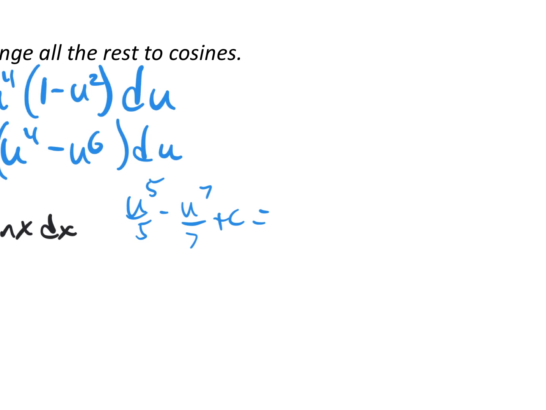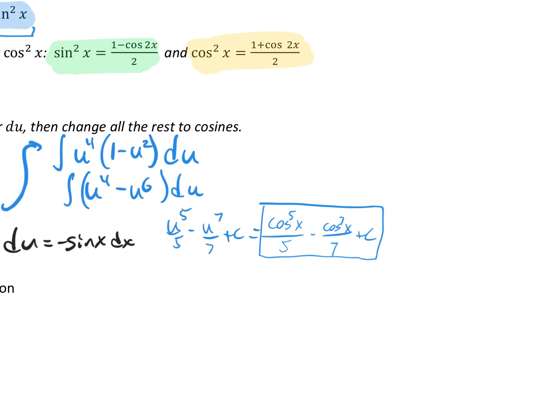So let's rewrite it, and we're done: cosine x to the fifth over 5 minus cosine x to the seventh over 7 plus c.